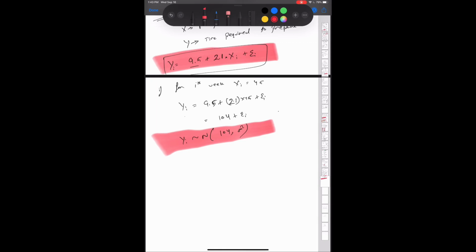Maybe you are more efficient some weeks and less efficient other weeks, but it will be a random variable with a mean of 104 and variance of sigma square. Let's say that for that week, at the end of the week you looked at the number and it turned out that it actually took you 108 hours.